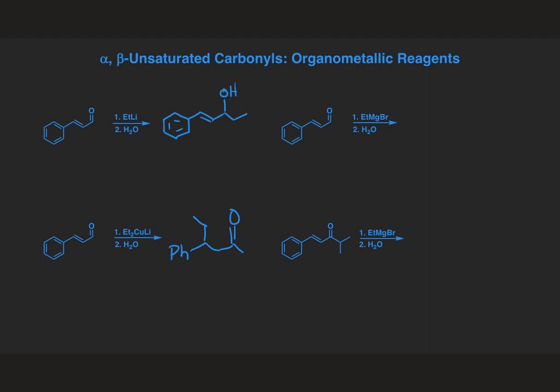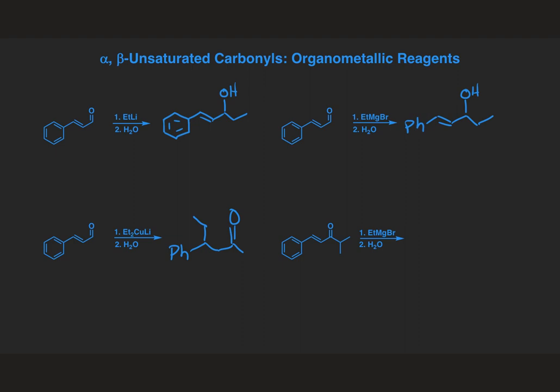Grignard reagents are in the middle, and so if the alpha carbon is sterically unhindered, such as in an aldehyde or maybe a methyl ketone, addition at the carbonyl carbon is going to be preferential. And so for this aldehyde, I expect to add at the carbonyl carbon.